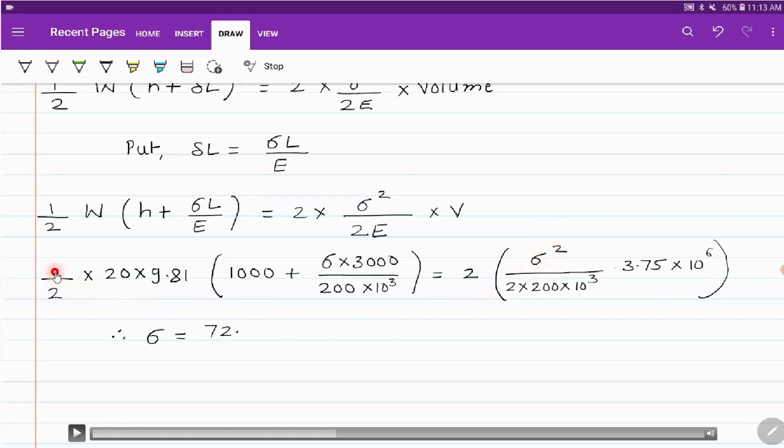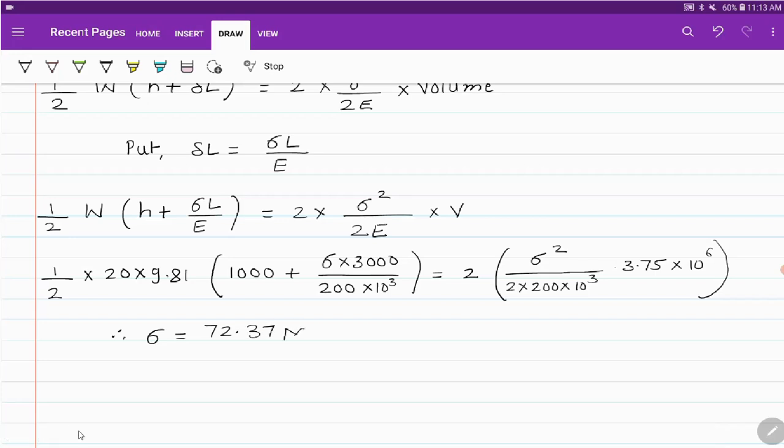Then this term multiplied by 1000 will be a constant term, plus this term multiplied to this term will be in terms of sigma. Transfer these terms to this side, so they will become negative, and you will get a quadratic equation in terms of ax square plus bx plus c. Then you have to solve that second degree equation on your calculator to get the value of sigma, that is 72.37.